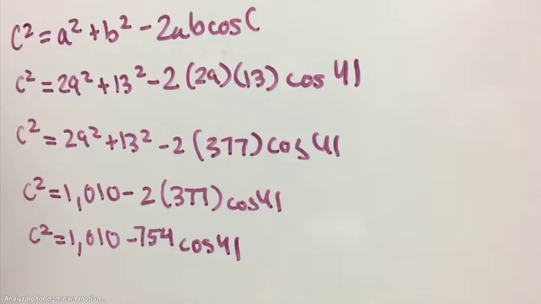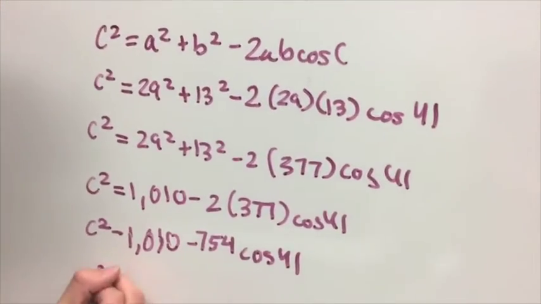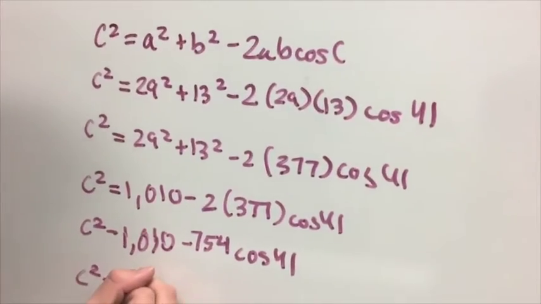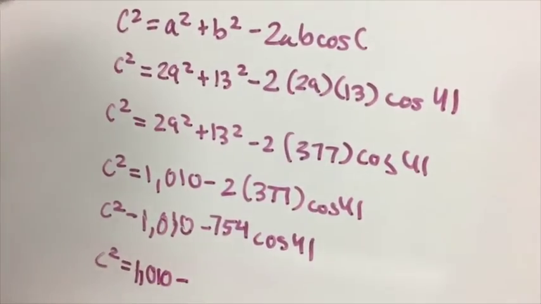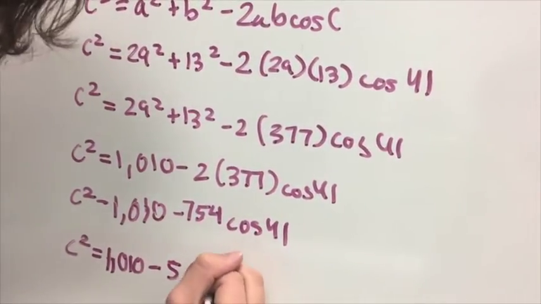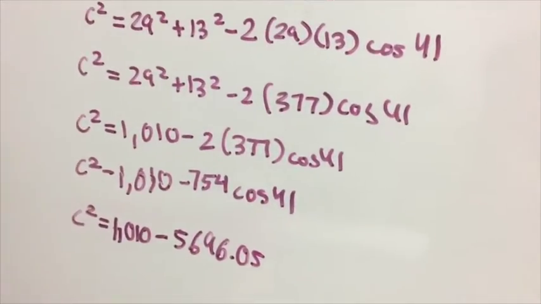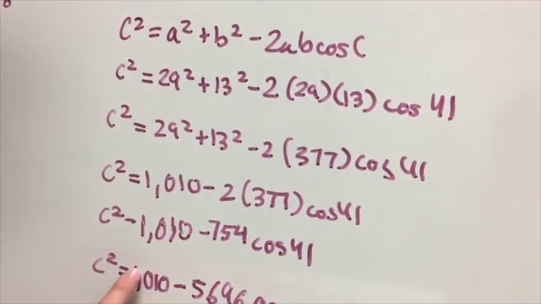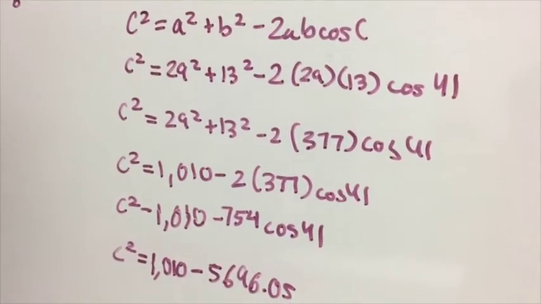Now we want to multiply the cosine of 41 times negative 754. So now we get c squared equals 1010 minus 5,696.05. After this, we want to subtract 5,696.05 from 1010.